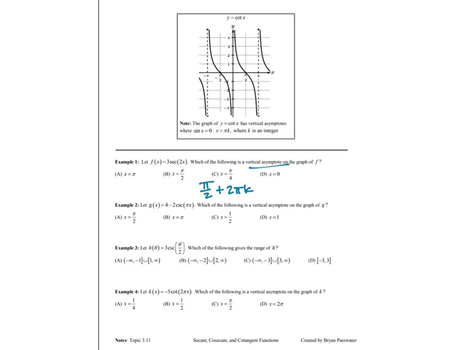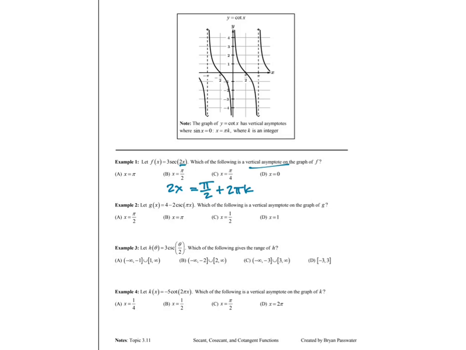At pi over 2 plus pi k, and at 3 pi over 2. We're going to set this argument 2x equal to that. Those are when our intervals of vertical asymptotes are going to occur. If we set this argument 2x equal to those and solve for x, we'll find the vertical asymptotes on this function.